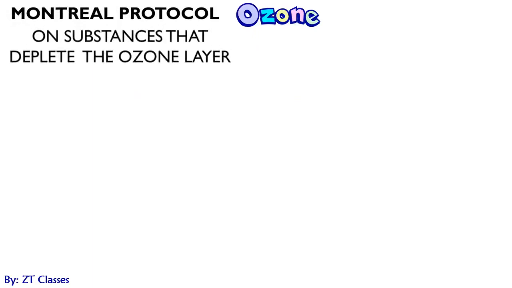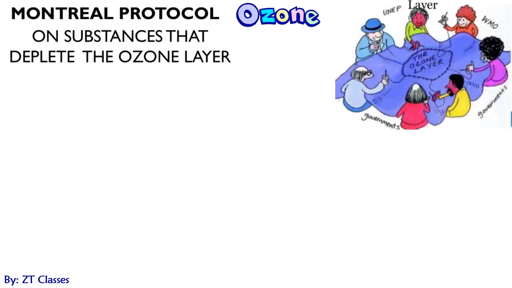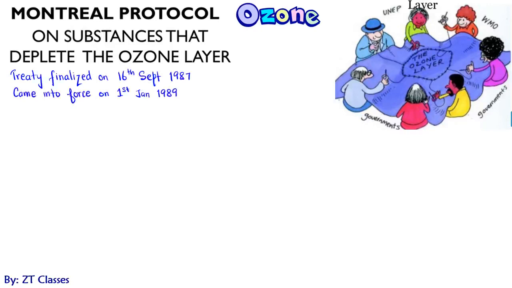After this horrifying discovery of the massive hole in Antarctica, the countries met and formed a treaty, or regulations, on ODS, ozone depleting substances. This was agreed in 1987, and the treaty came into force once more than 20 countries signed it. That was on 1st January 1989. At present, it has been signed by all UN members.